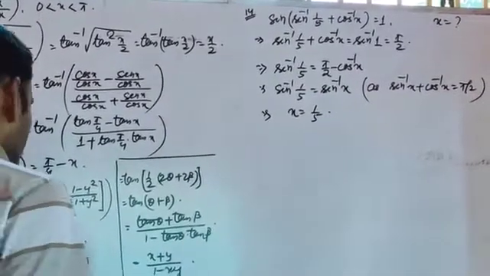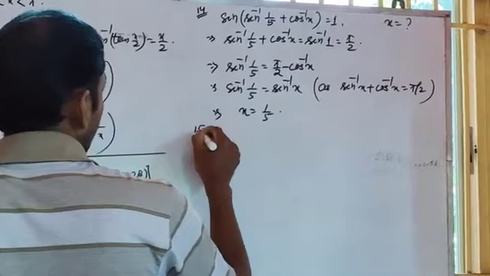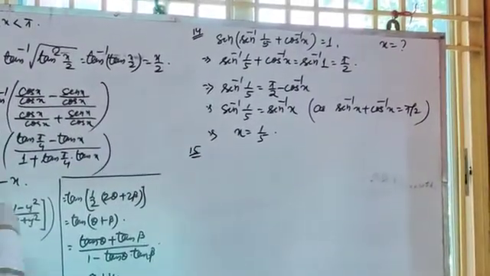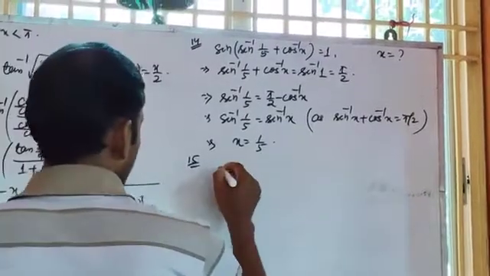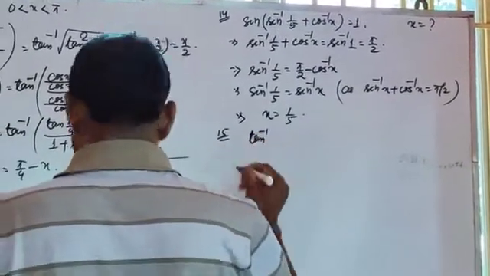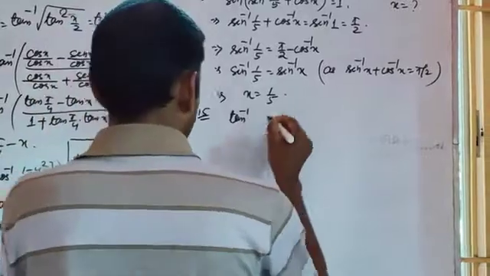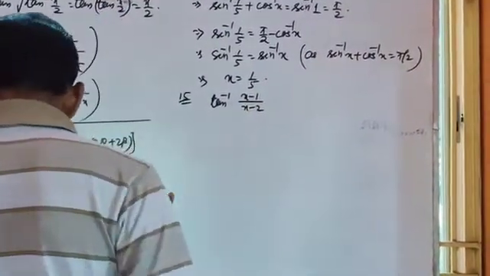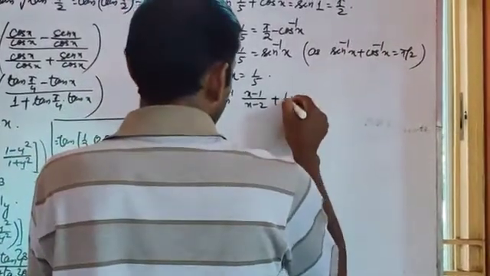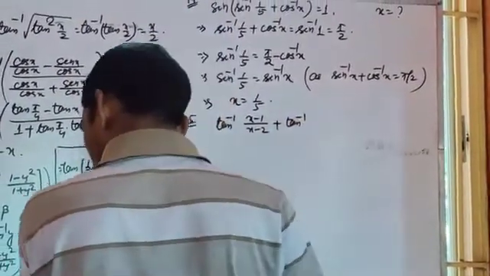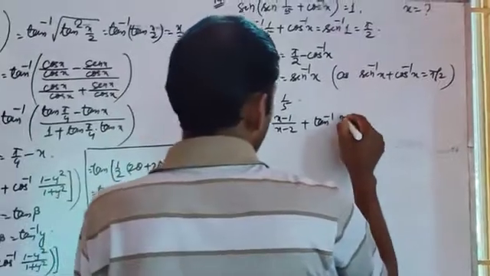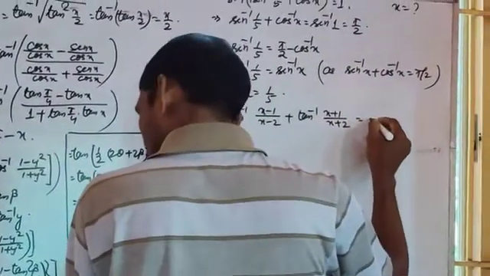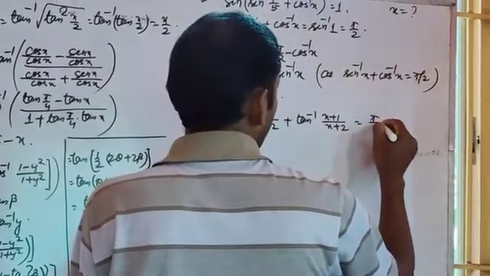Then question number 15. Here also the same kind of equation. Find the value of x: tan inverse of x minus 1 by x minus 2 plus tan inverse of x plus 1 by x plus 2 is equal to pi by 4.